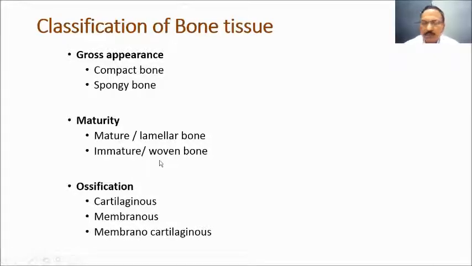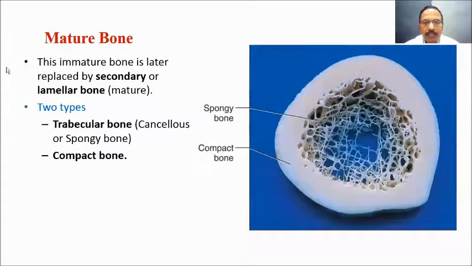And according to ossification, you can classify it into cartilaginous or membranous bone, and membrocartilaginous bones. So here you can see a section of a shaft of some long bone, where we can see the compact nature as well as the spongy nature of the bone.